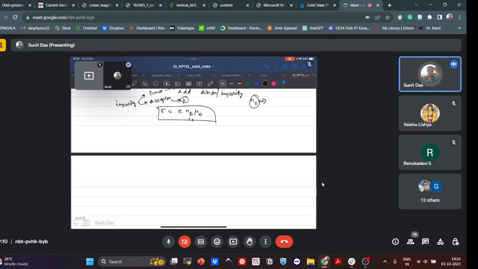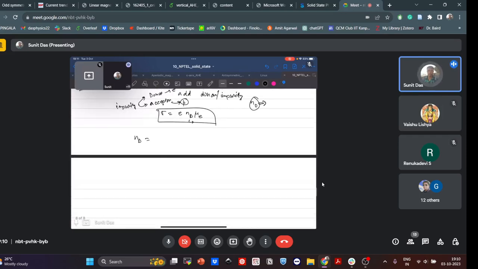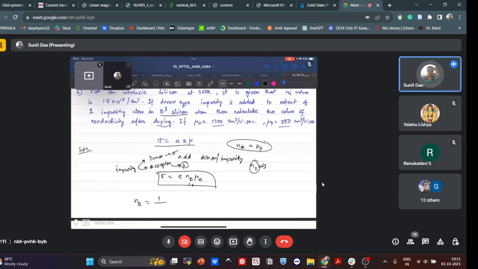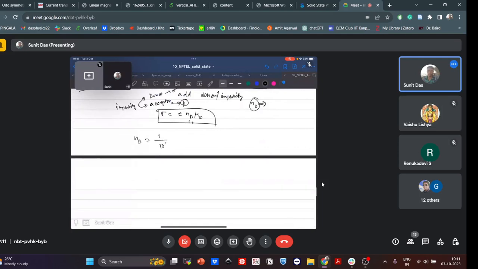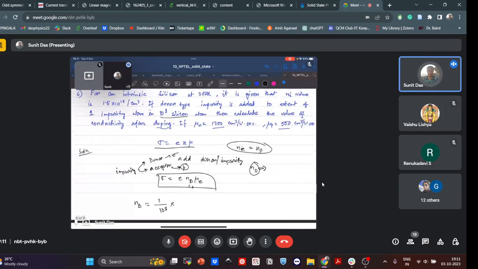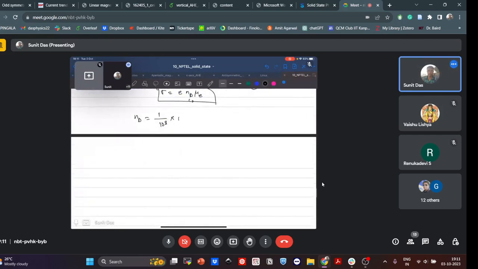Now we need to find ND, and ND is given as 1 impurity atom per 10 to the power 8 silicon atoms, right? Now the concentration of silicon atoms is this 1.5 into 10 to the power 10 per centimeter cube. This will be the concentration of donor.